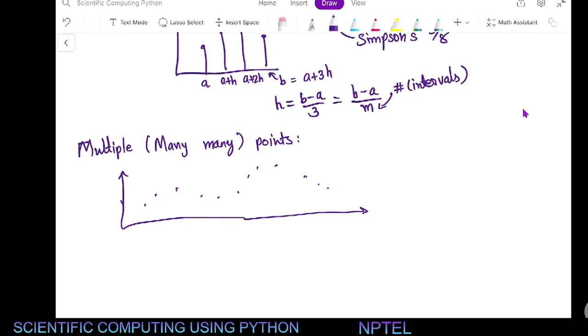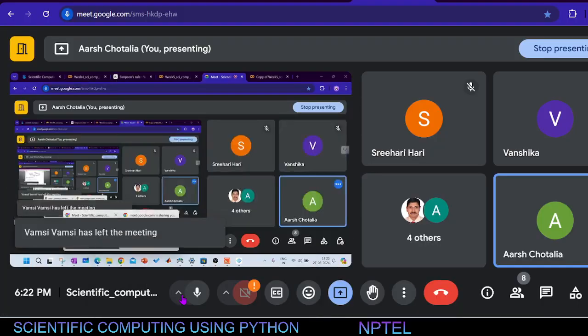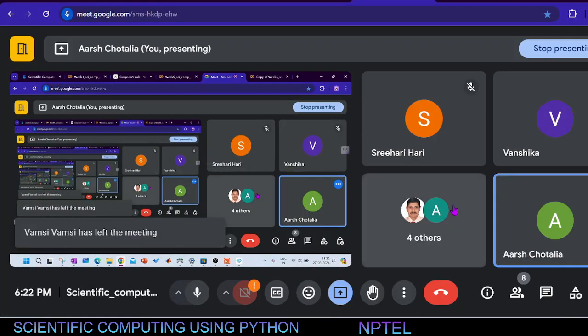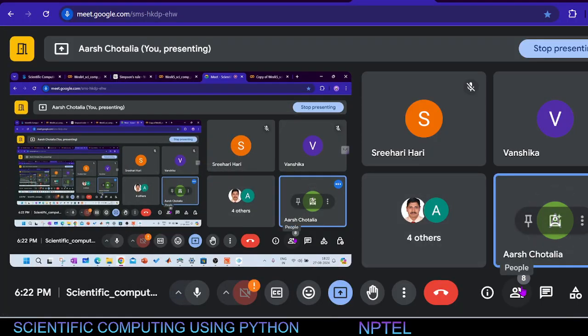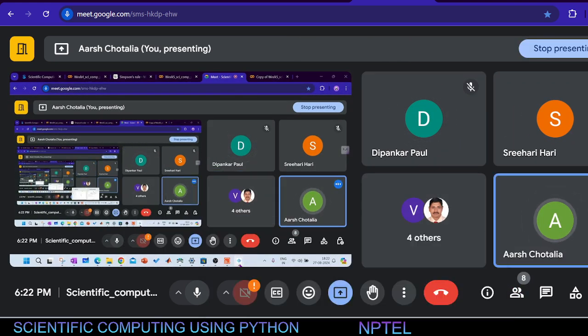Did we use Lagrange polynomial or something else? Anyone? How did we interpolate? Am I audible? I'm audible, right? Yes, you are audible. Okay, then I'll go.